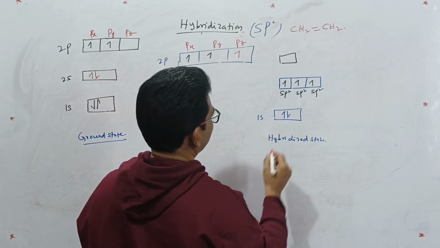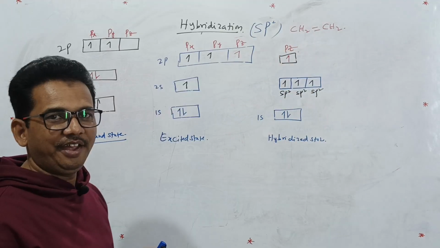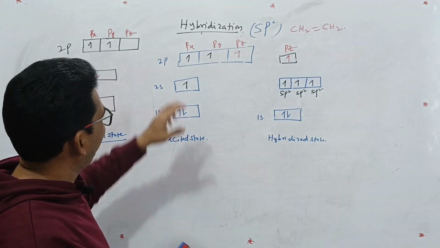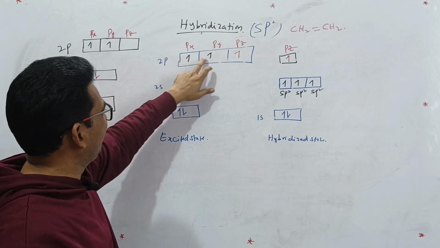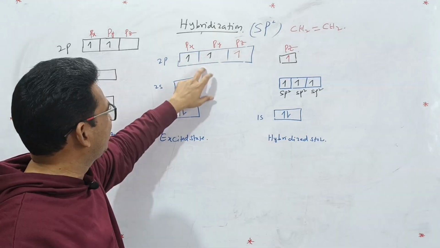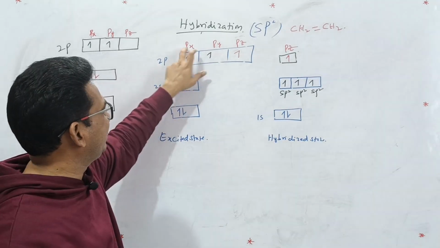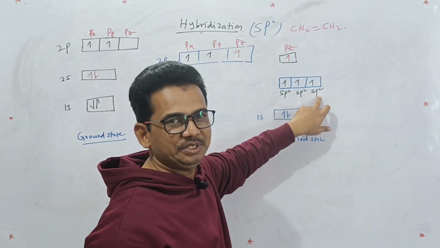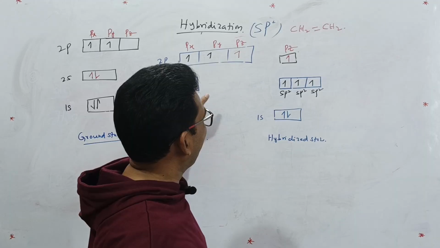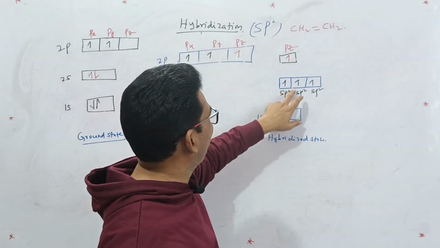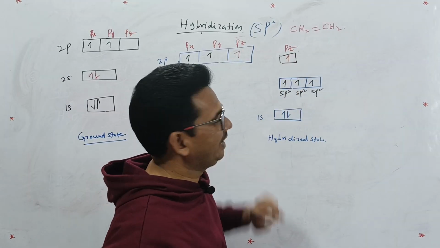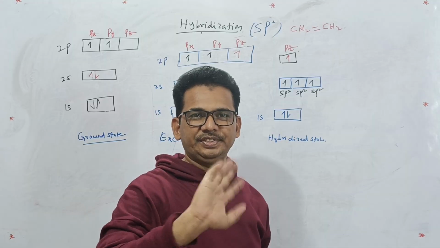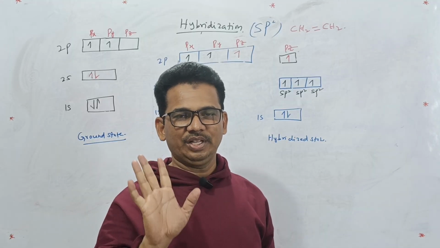Which one? pz. Okay. All these, they mix, they are shared together. Yes, px and py. That's why they give the sp2 sp2 sp2. They share vanilla, chocolate, both the flavors. But this person pz is saying, no, I don't share. I like vanilla only.